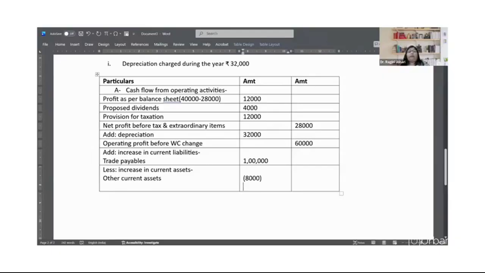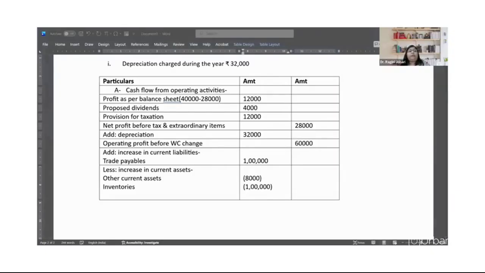Then next, inventories have increased by 1 lakh. Okay. Then what next do we have after inventories?